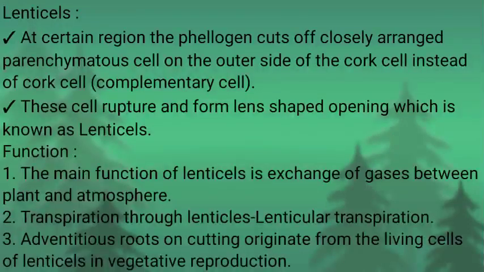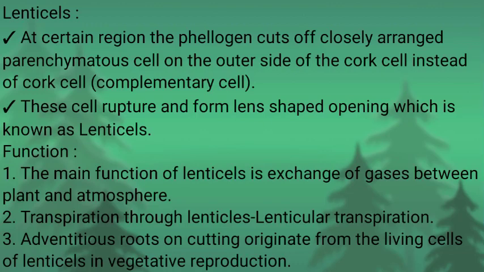Next one, lenticels. At certain regions, the phellogen cuts off closely arranged parenchyma cells on the outer side instead of cork cells, called complementary cells. These cells rupture and form lens-shaped openings known as lenticels.